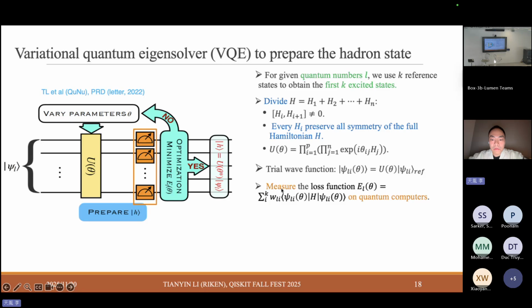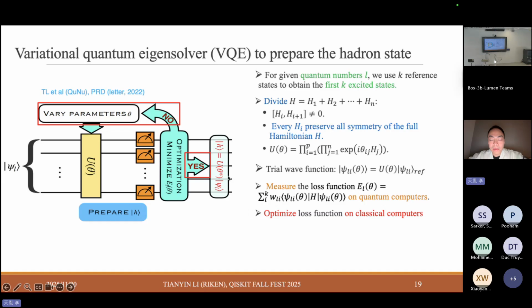Then we need to measure the loss function on the quantum computer. And finally, we need to optimize this loss function on a classical computer.